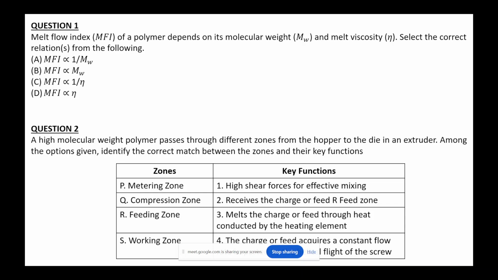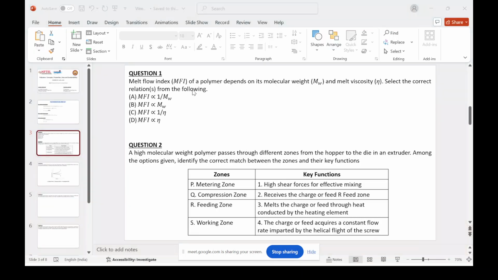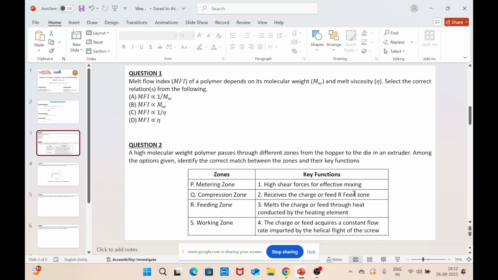So based on that, we need to see how this melt flow index is going to vary with respect to its molecular weight and viscosity. Again, here there can be more than one choice. Anyone who knows?